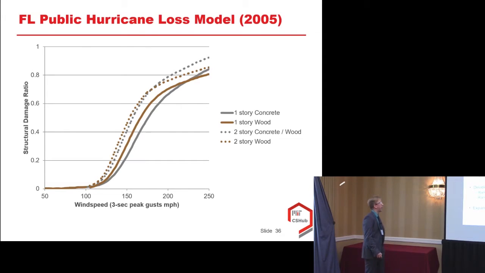So there is work that's been done, for example, by Florida Public Hurricane Loss Model, where they've compared different building types. I think it will change pretty considerably based on the materials in your system and the location.